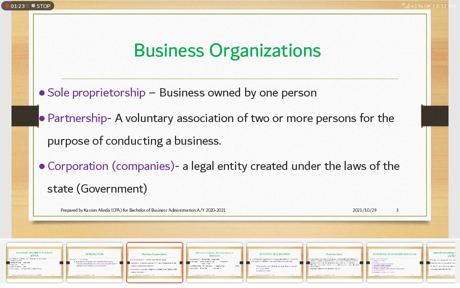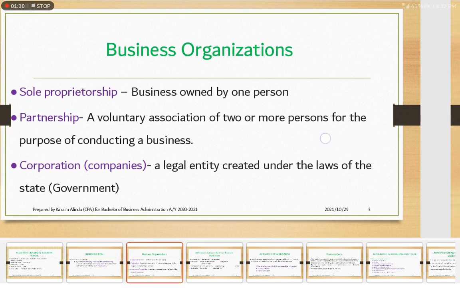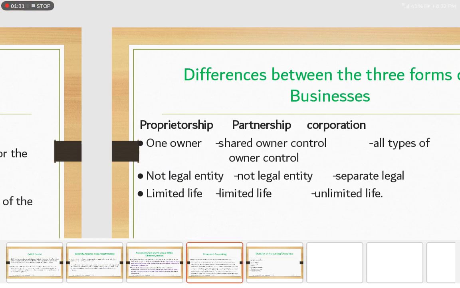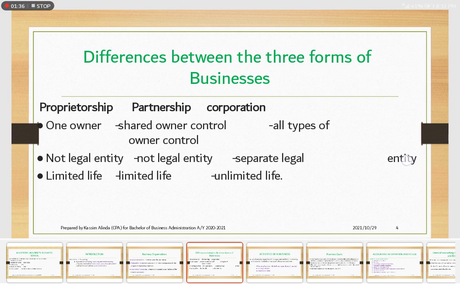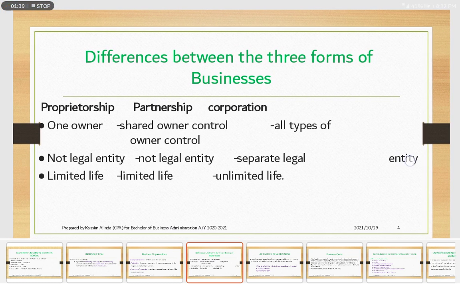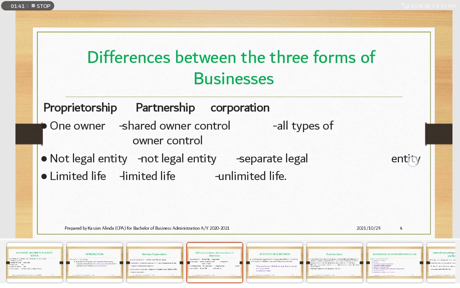Then corporation, a legal entity created under the laws of the state or government. Then looking at the differences between the three forms of businesses: the proprietorship, partnership, and corporation.